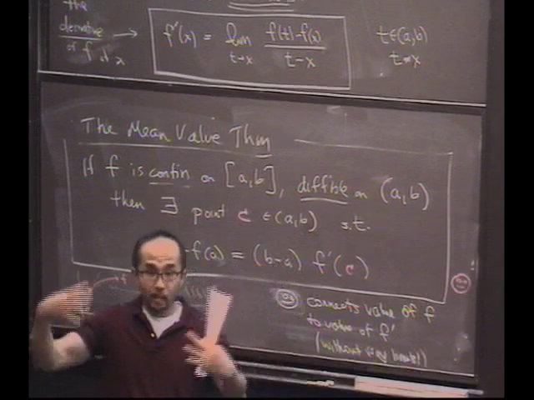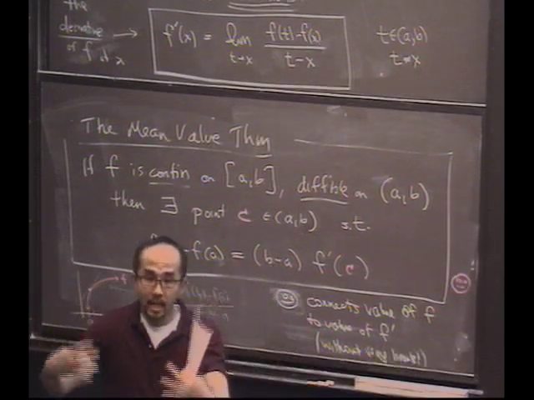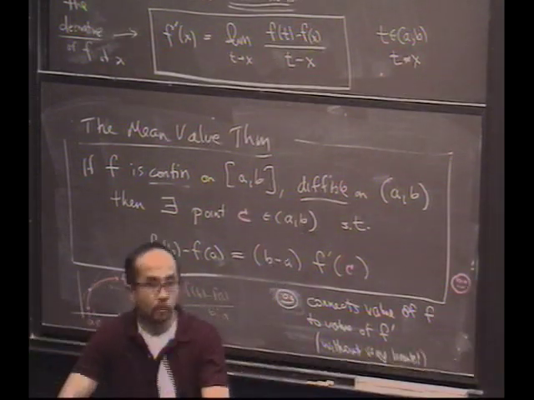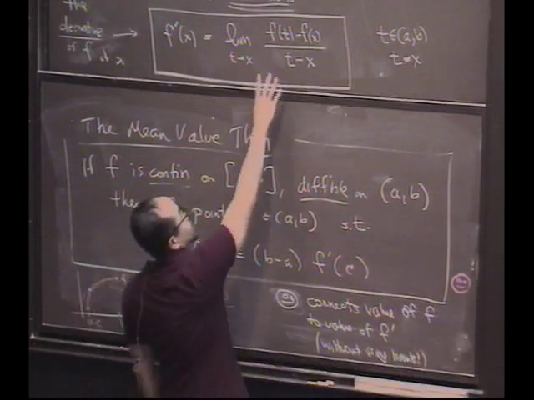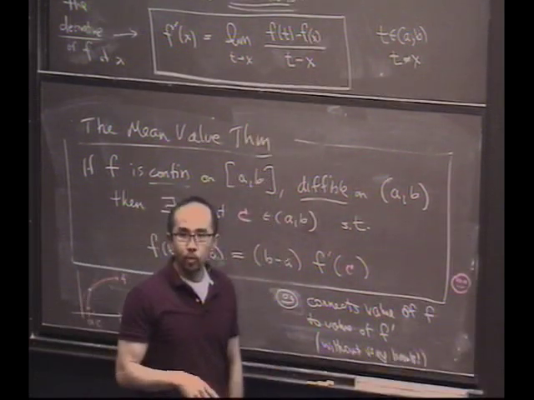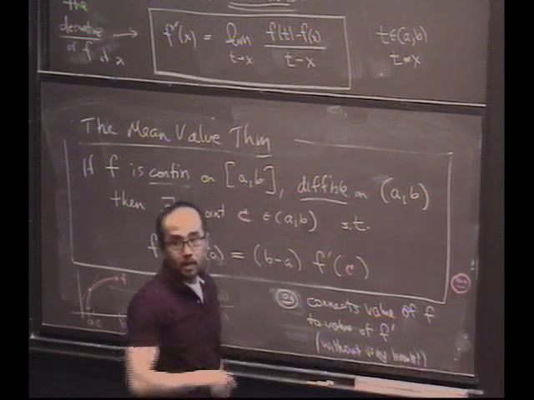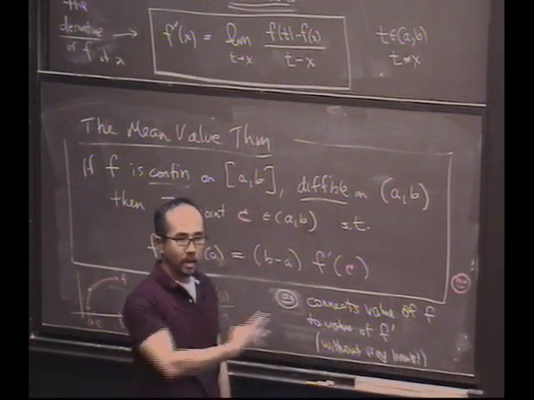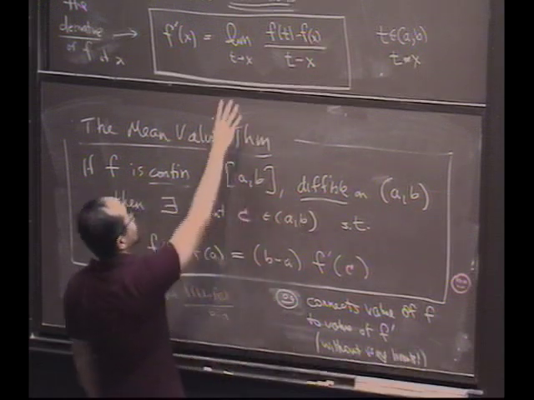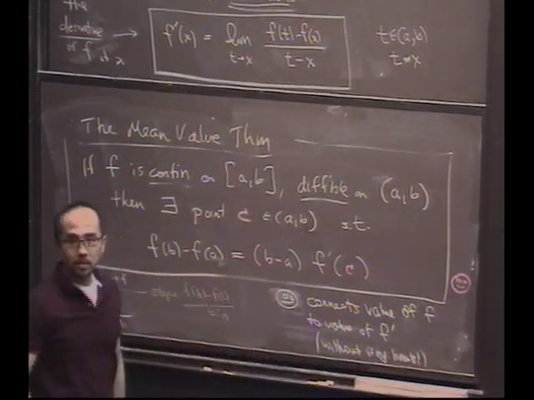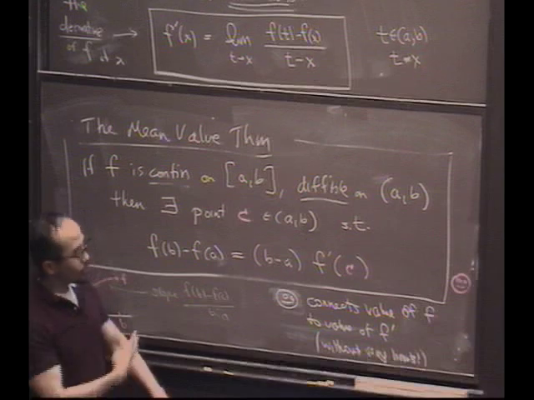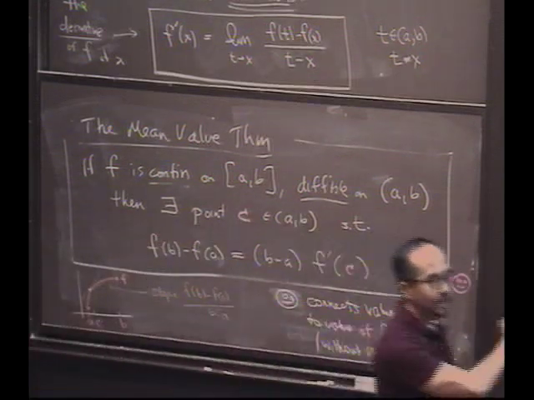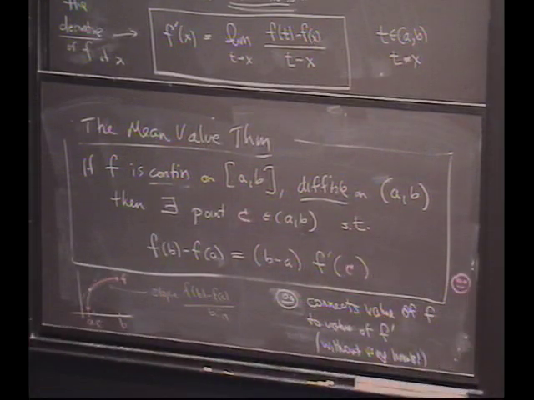Well, the left and the right-hand limits have to exist and be equal. So if you take the limit of a bunch of positive numbers, what's the only values that can be? 0 or bigger. And if you take the limit of a bunch of negative numbers, that can only be 0 or smaller. So what's the only thing this derivative could be if it exists? 0. That's the argument.